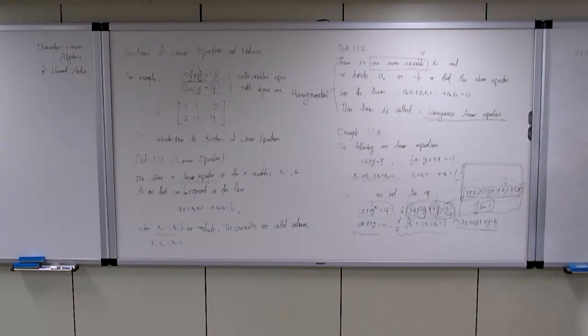Then if we input 2x, 2y, 2z instead of x, y, z, then this equation will be 2x, 2y, 2z, plus 3 times 4 square minus 4z square.